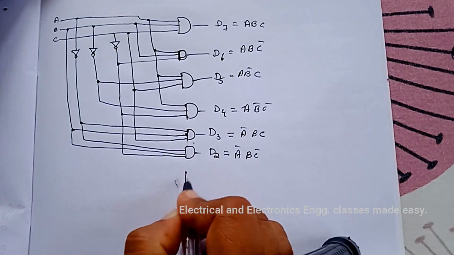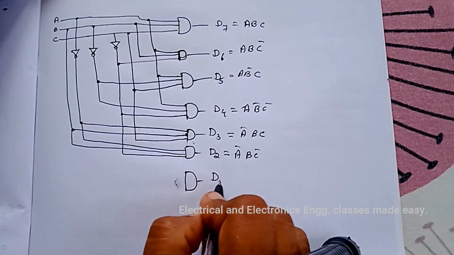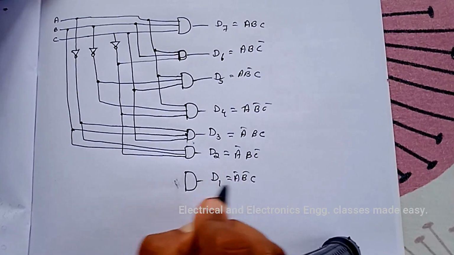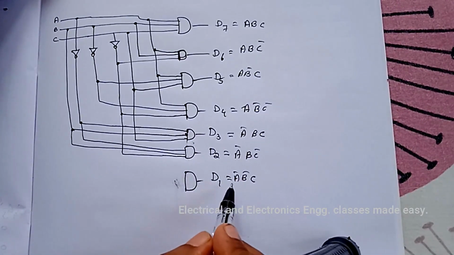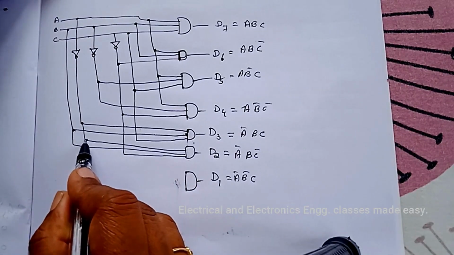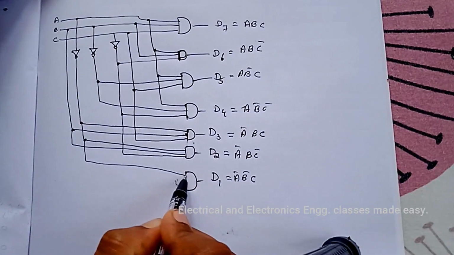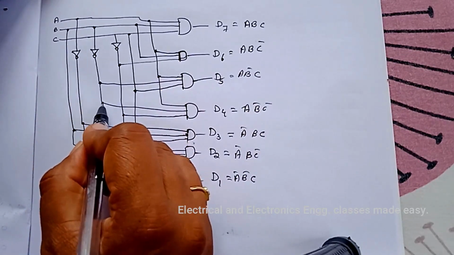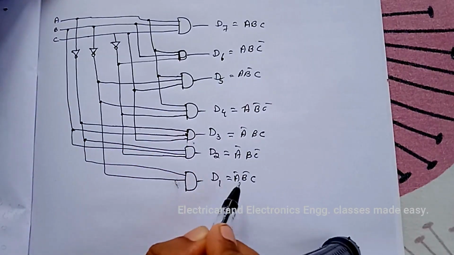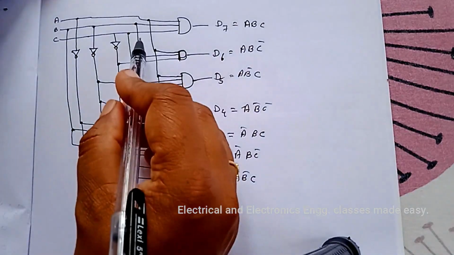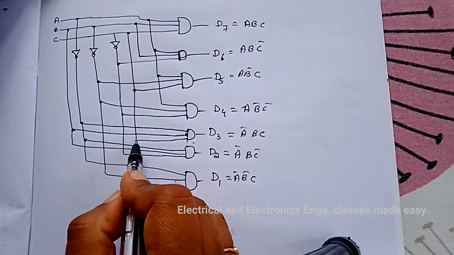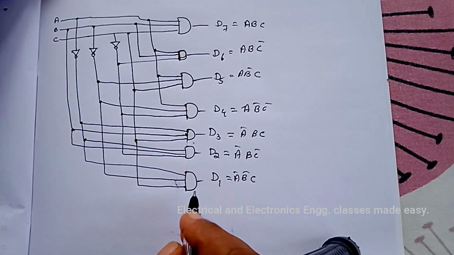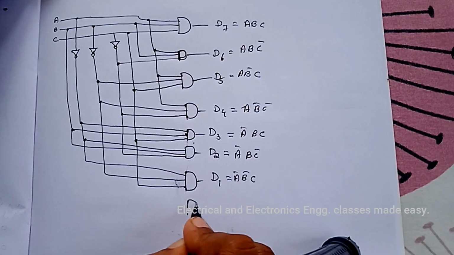Next is D1, and D1 is A bar, B bar, C. A bar is this one, B bar is here, then C is this one, and last one is D0.